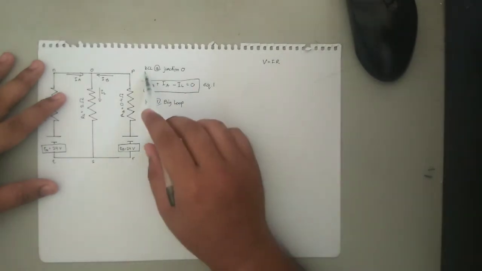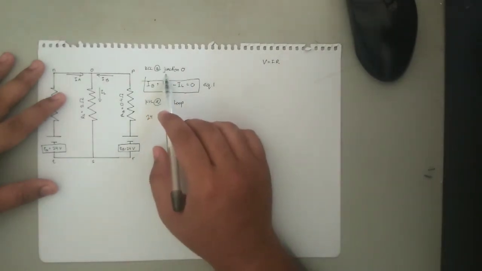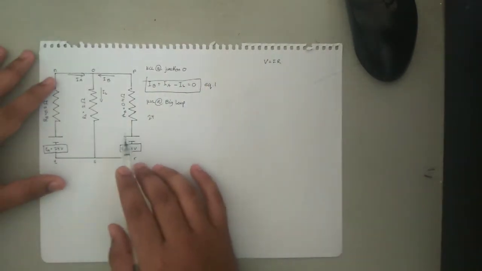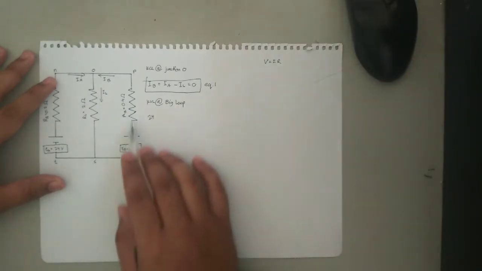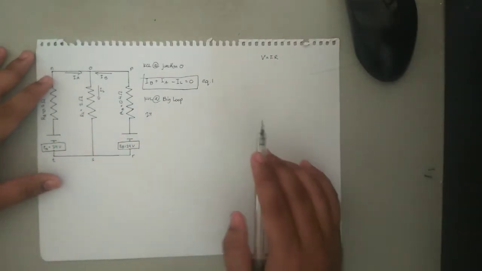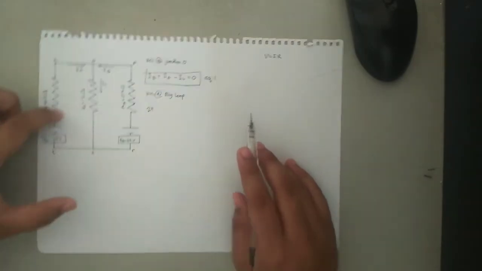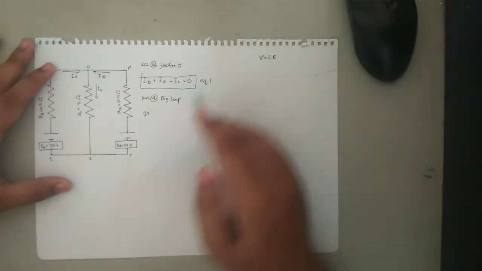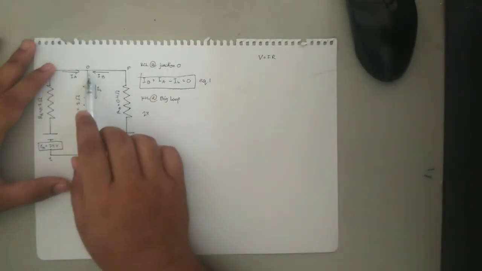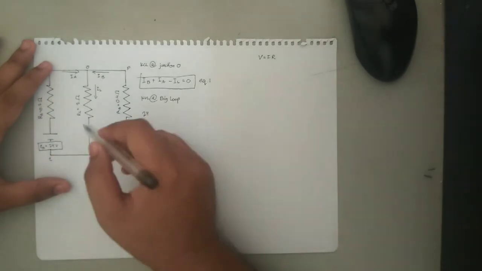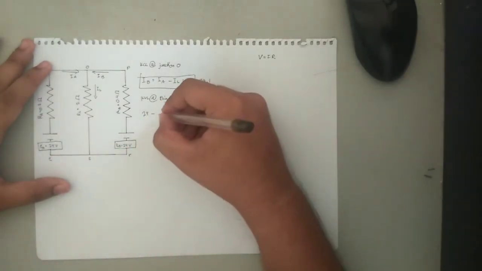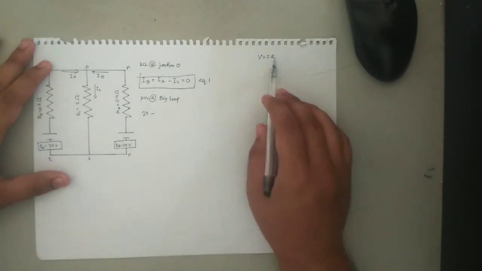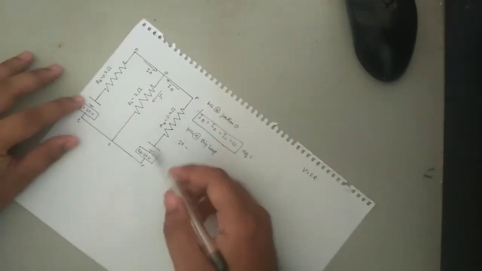Another rule is that when the current is in the same direction as the chosen or assumed direction, then it's going to be negative. So the current here is going this way, and we are going counterclockwise, so it's going to be negative. We do not have the current value, but we have the resistor, which is 0.4.